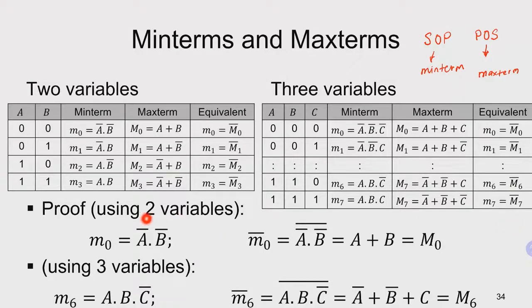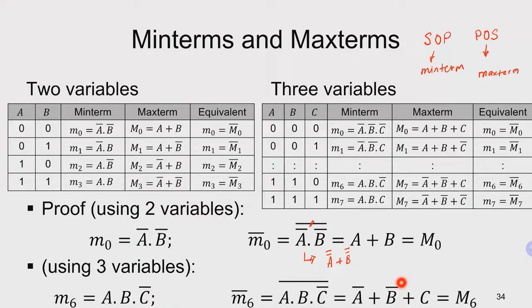Here's the proof of their equivalence. So in two variables, if I take my m0, there will be A bar and with B bar. And if I inverse that, and then apply De Morgan's, this will be A bar bar plus B bar bar. So we break this bar and change the sign.